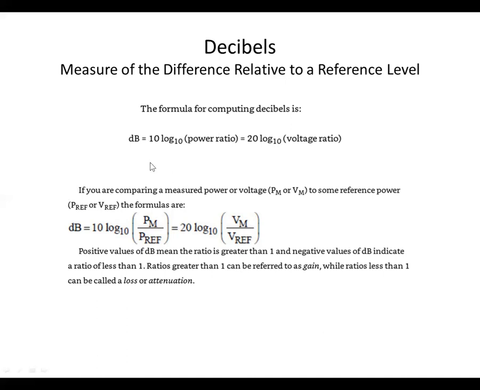So for decibels of a power ratio, you take 10 times the base 10 logarithm of the power ratio, which is also equal to, using the voltage ratio, 20 times the log of the voltage ratio.